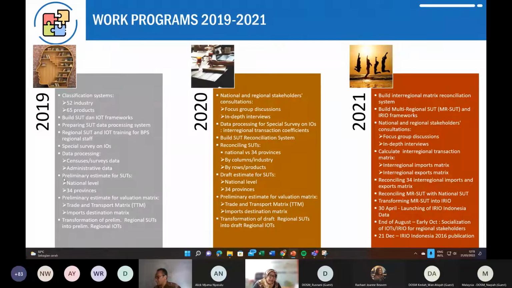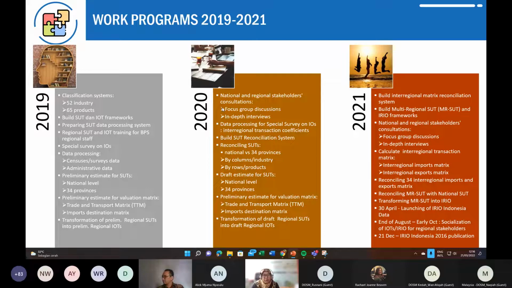And then at the end of 2019, there is a preliminary estimate for SUT both in national and regional level. And then from this preliminary estimate for SUT, we make a valuation matrix for trade and transport matrix and also import destination matrix. And then there is a process to transform preliminary SUTs into preliminary IOs.